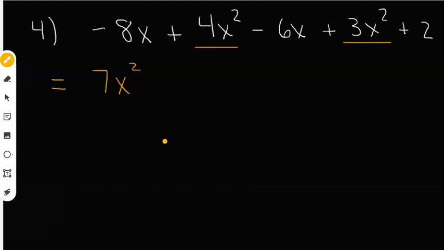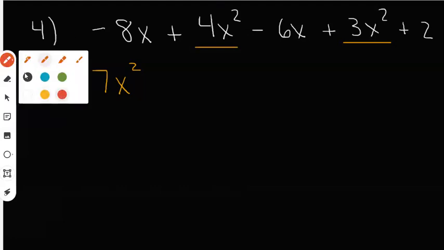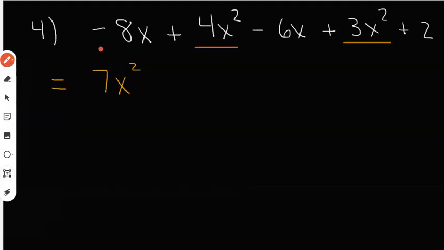The next thing we're going to do is underline our x terms and put those together. I'll do that in red. So those are my x terms. I'm going to put those together now because they're like terms. They have the same variables.